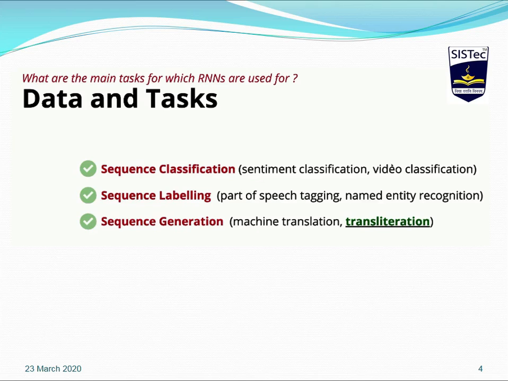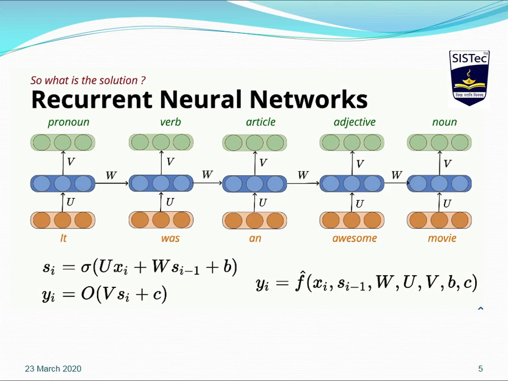So there is a different number of words in Hindi and in English. This problem is known as sequence generation. In short, in sequence classification we have one output for n inputs, in sequence labeling we have n outputs for n inputs, and in sequence generation we have m outputs for n inputs.